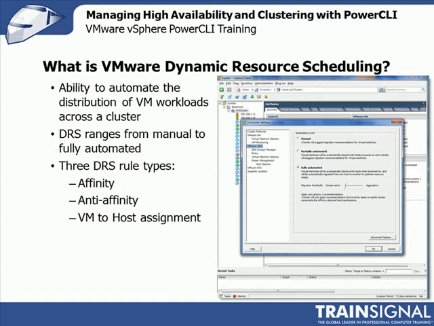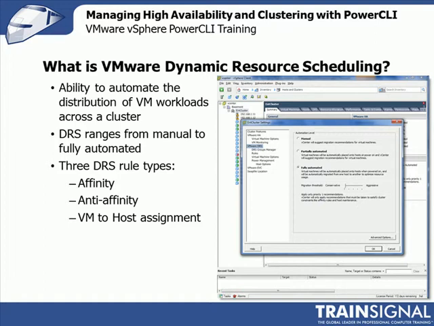Partially automated will make some of the decisions. For example, when you power on a virtual machine, vSphere will take the initiative to determine the best placement for that virtual machine. And fully automated will basically, whenever it's needed, VMware will vMotion live VMs from one host server to another to satisfy various resource availability needs.